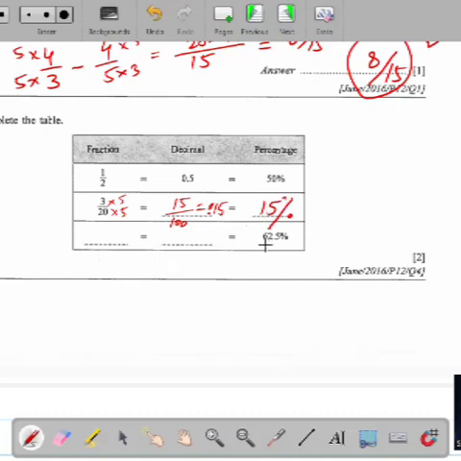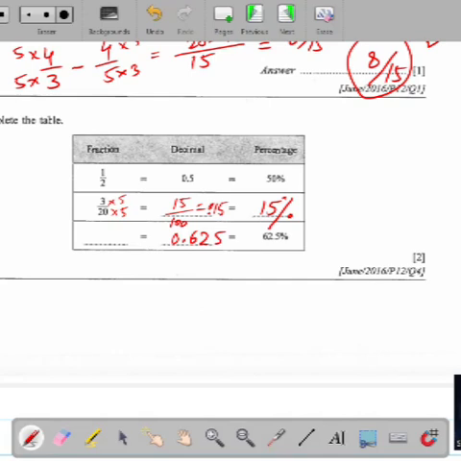And for 62.5% in decimal form, first divide by 100, then you are getting 0.625. And write it in the form of 625 divided by 1000.